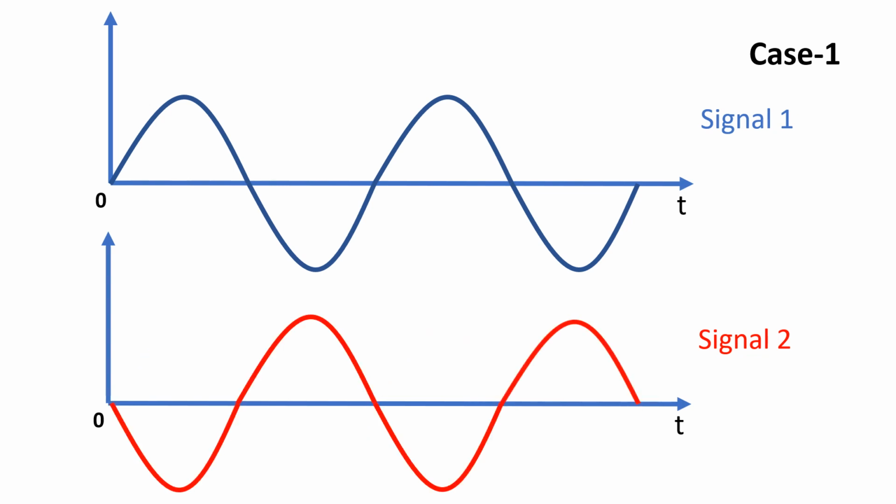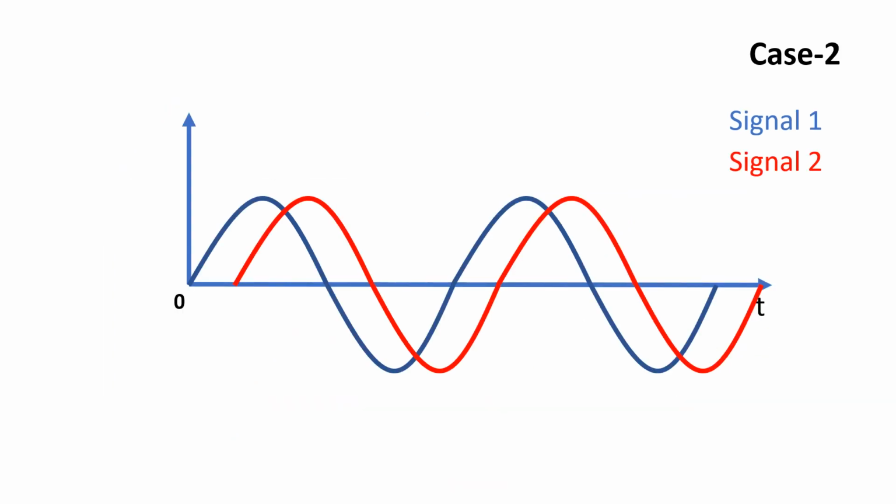Now we can see two signals, signal 1 and signal 2. They have the same amplitude and frequency, but they are out of phase by 180 degrees. If we add these signals together, then the addition would be 0, which corresponds to 0 volts.